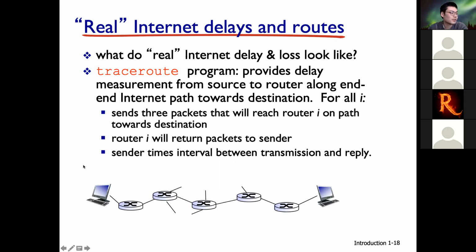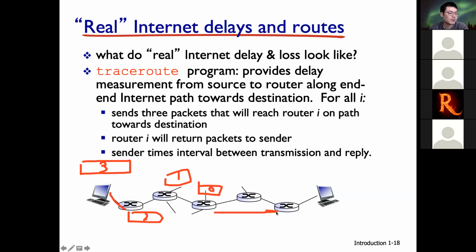So this traceroute is implemented by the packet. Say we have a max hop of 3. Then I go to the first router, and the packet decrements the max hop to 2. Then I go to the next, and it decrements to 1. Then I go to the third router, which finds that it decrements to 0, so it should not continue forward. It will just send back a failure message. Then you can get the exact time it takes to reach the third router.